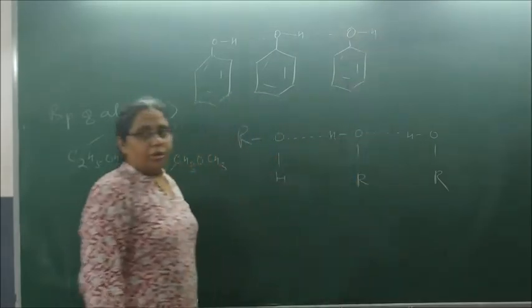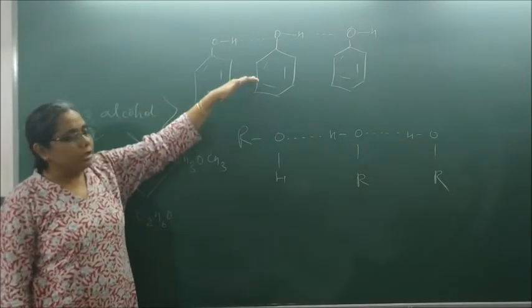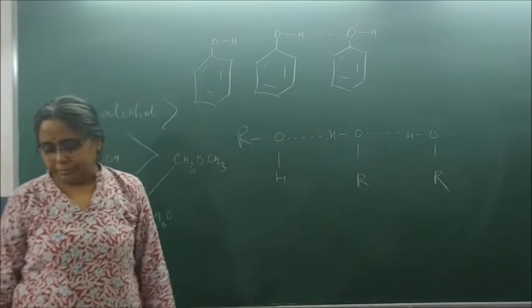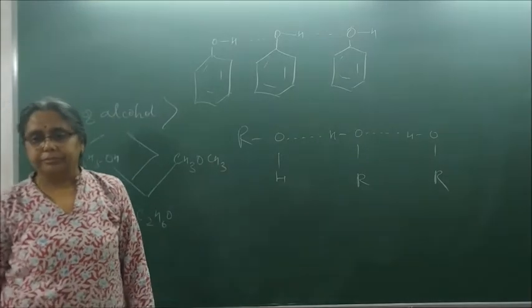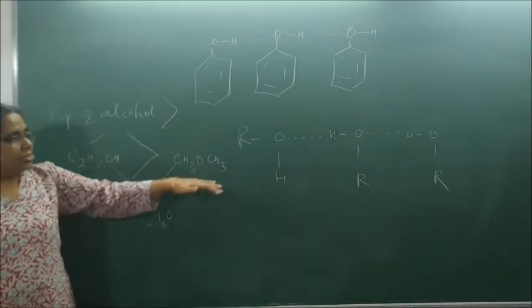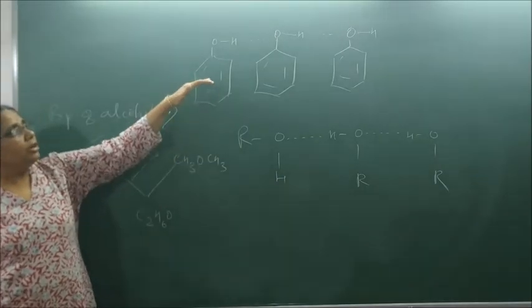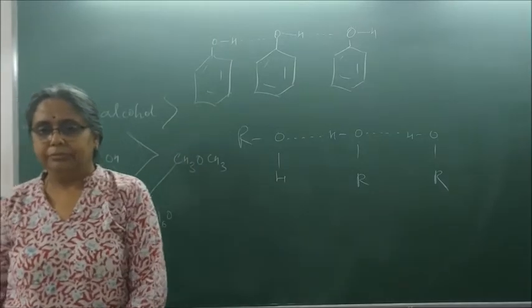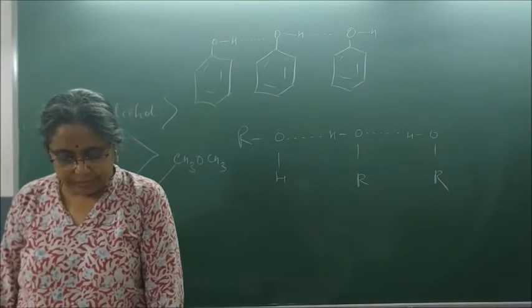This is called intermolecular hydrogen bonding. First draw these two structures and then write the answer. This is intermolecular hydrogen bonding in aliphatic alcohols. This is intermolecular hydrogen bonding in phenols. Please draw and then write.